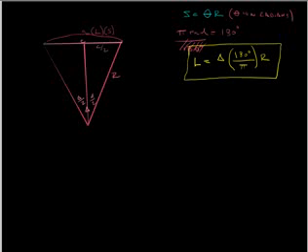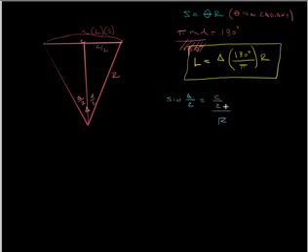Now we're going to work on the chord. So the sine of delta over 2 is equal to the opposite, the chord over 2, over the radius.